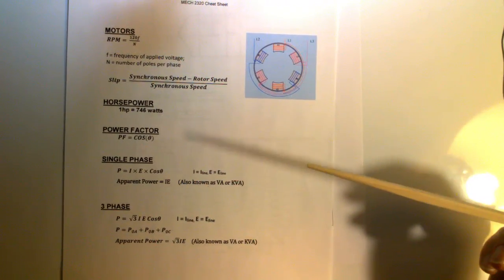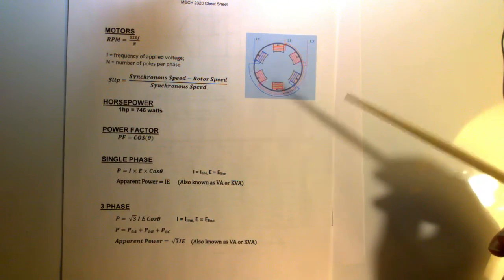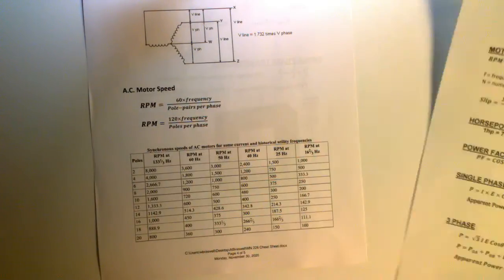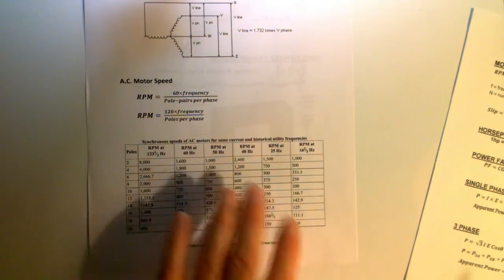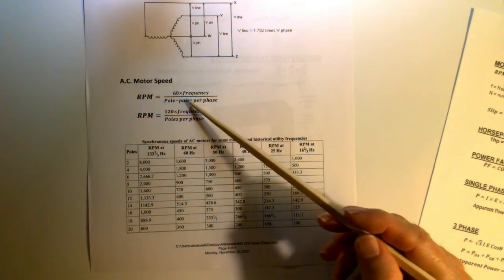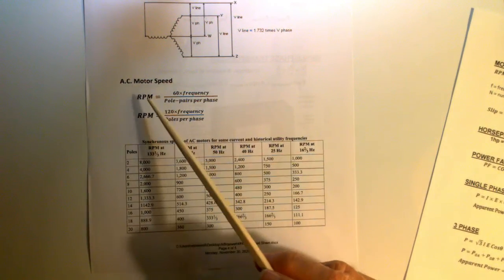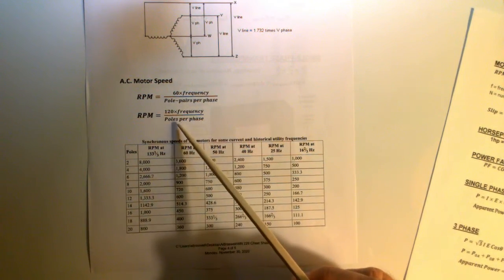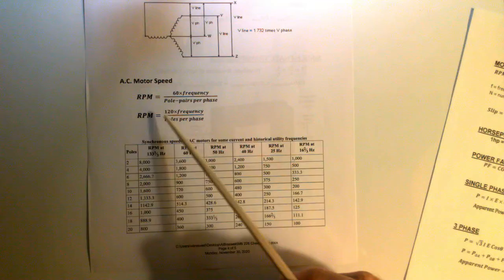Or I can say I've got a pole pair in each phase. So the math relationship for that, if we're going to be talking about pole pairs, we use this equation right here. If we're talking about poles per phase, we use the second equation.